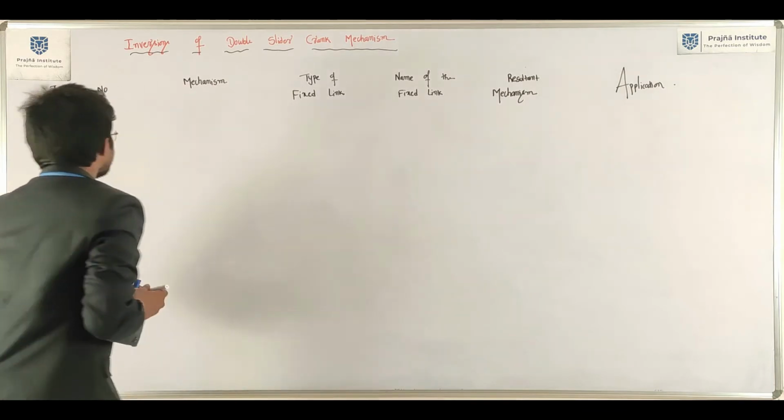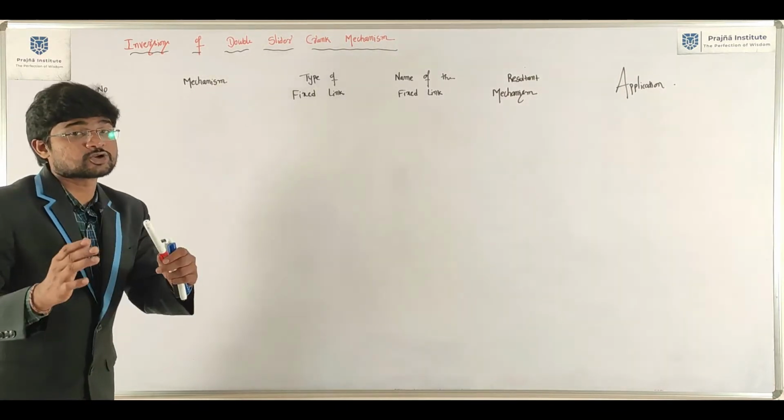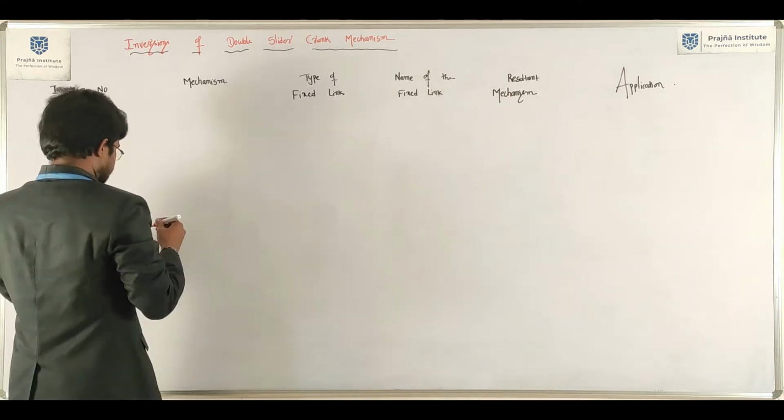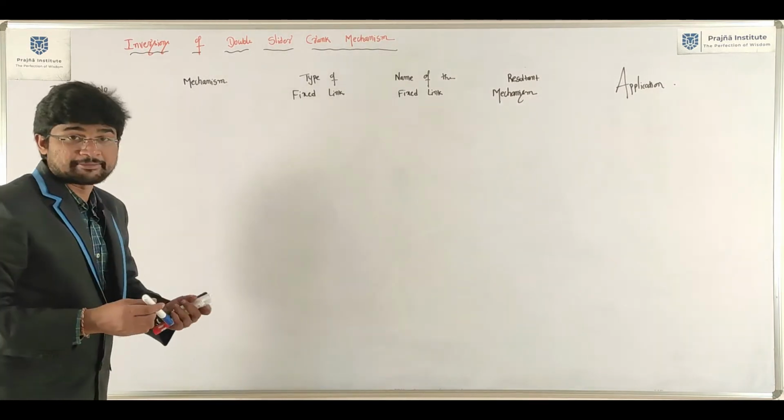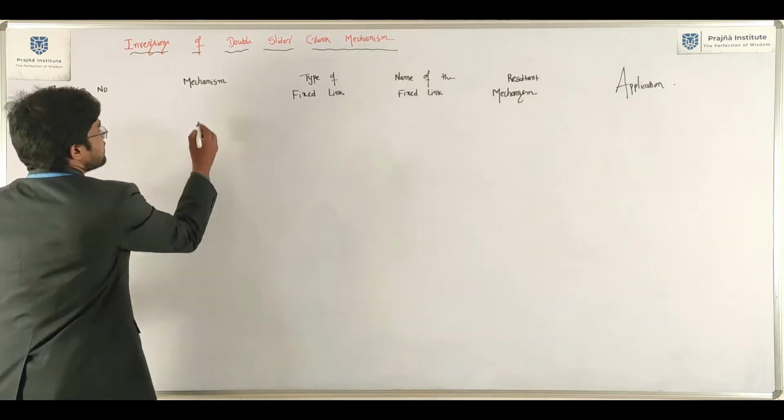Now inversion number 1. First we are fixing the slotted plate. First draw the double slider crank mechanism. After that we can do inversions.